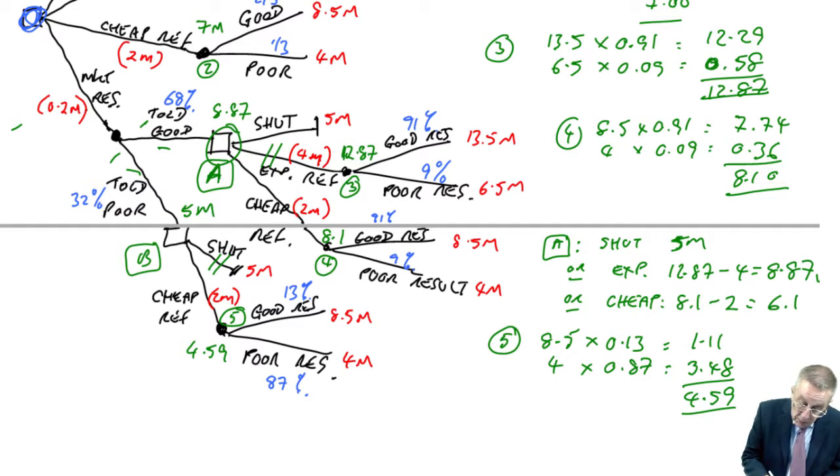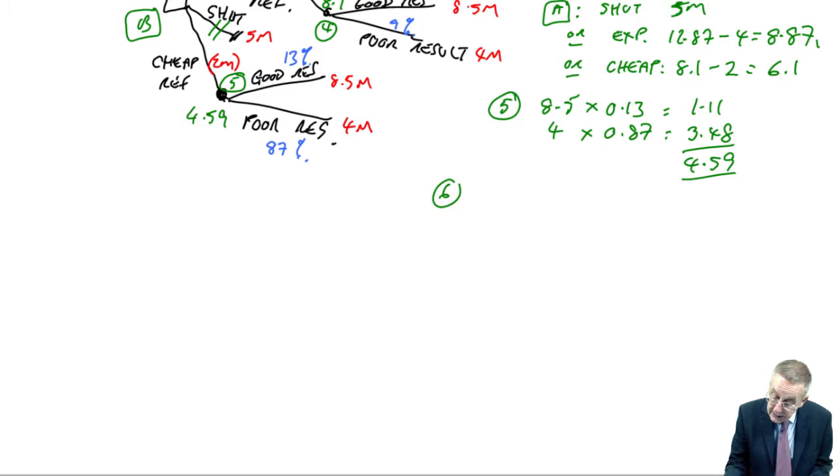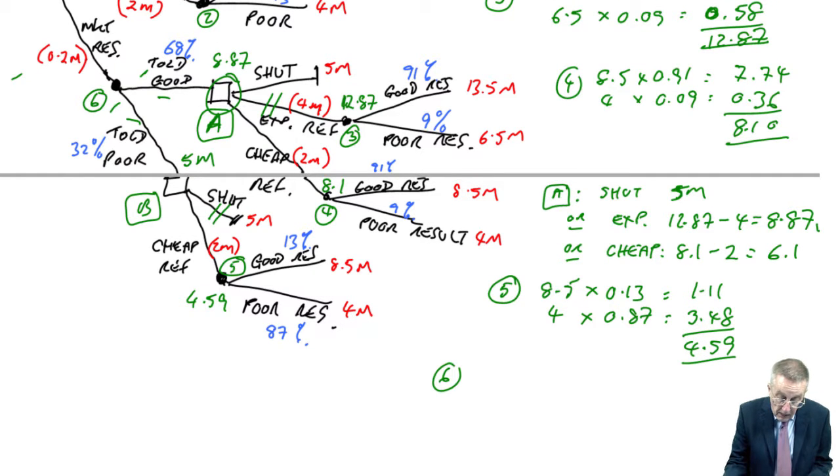So at point 6, if we do market research, they either tell us it's good and we get 8.87, or they tell us it's poor and we'd be shutting, so we get 5. And the probabilities: they tell us it's good is 0.68, they tell us it's bad is 0.32.